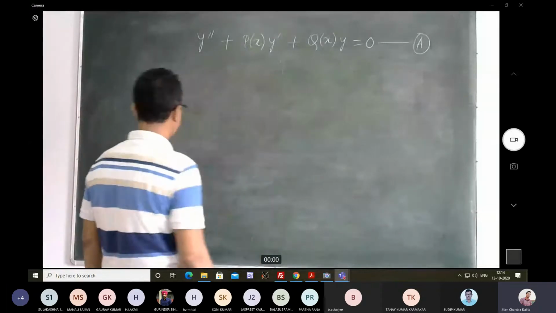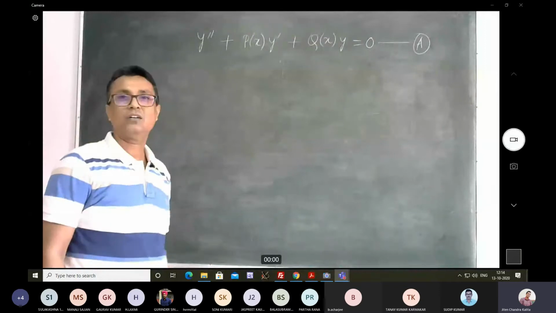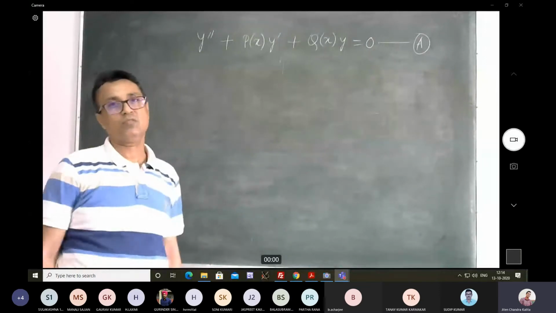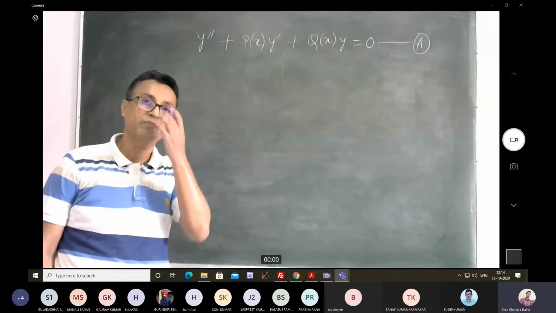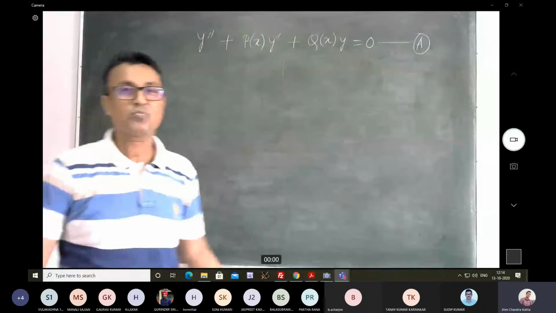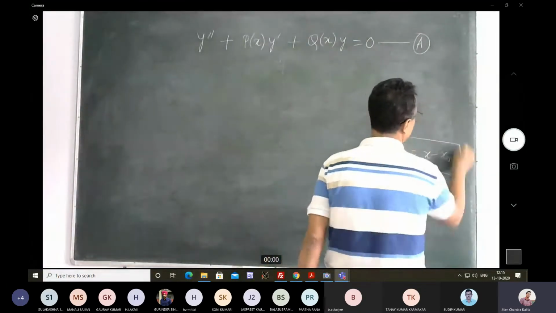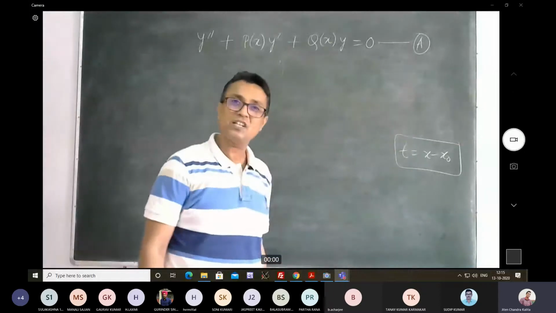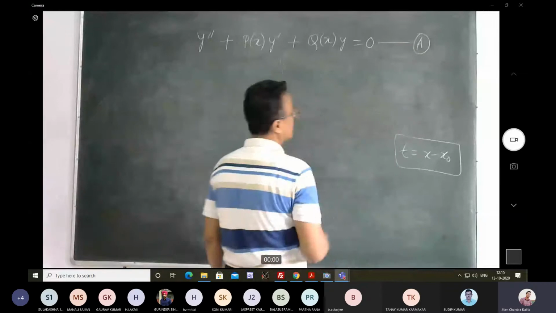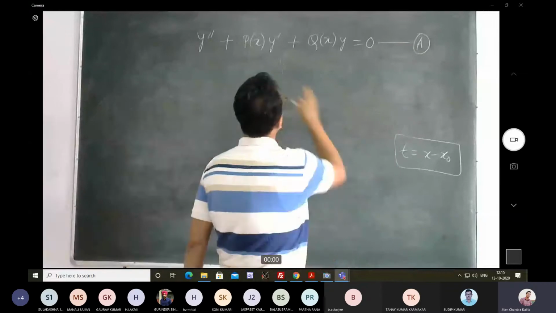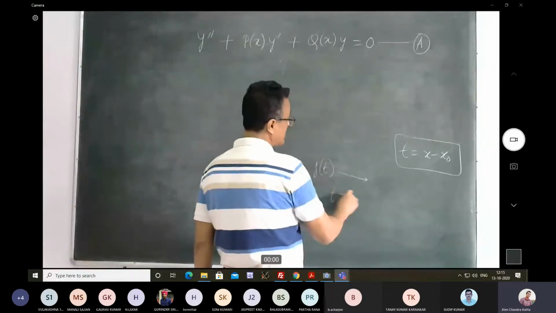Okay, fine. See, suppose I consider a differential equation for which x equal to 0 is a regular singular point. Even if x naught is not equal to 0, you already know that through some shifting or by some transformation, if I plug in t equal to x minus x naught, I can easily convert this differential equation into an equation where y is a function of t, and we seek a solution about t equal to 0.